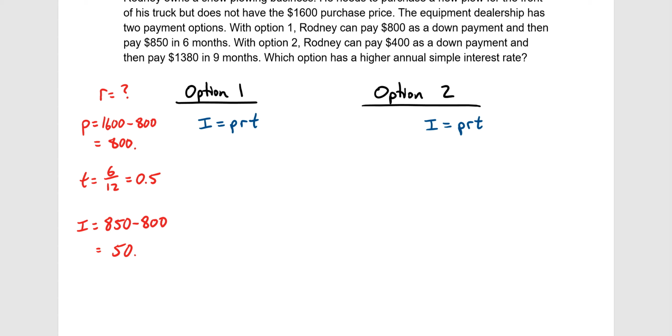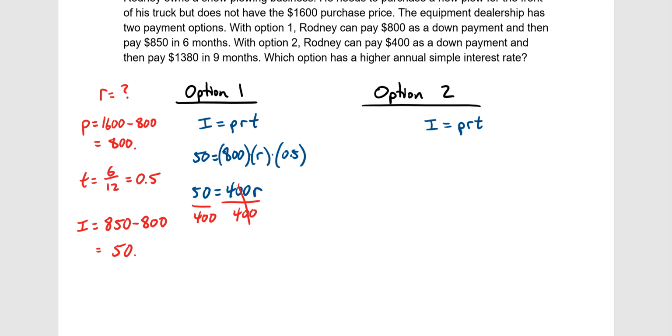And let's go ahead and plug all this in. It's 50 equals 800 times R, which is what we are looking for, times T, which is 0.5. 0.5 times 800 is 400, so that's 400R on the right. Divide both sides by 400 to cancel it on the right.